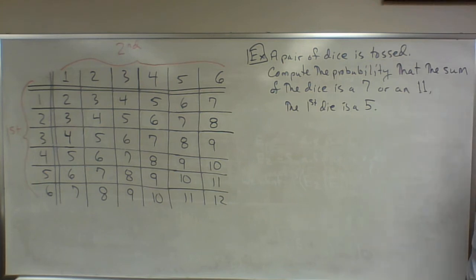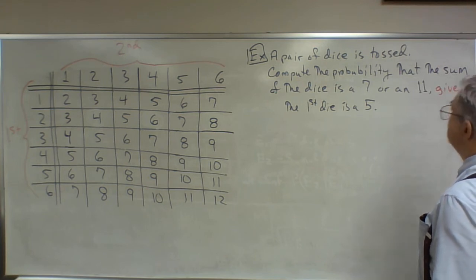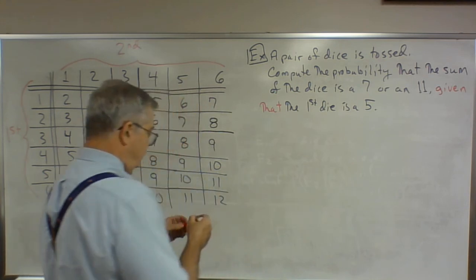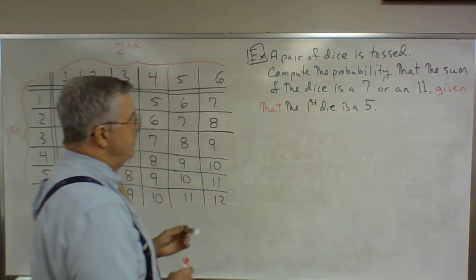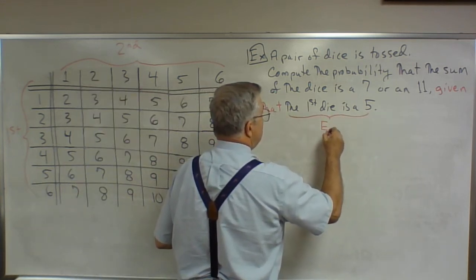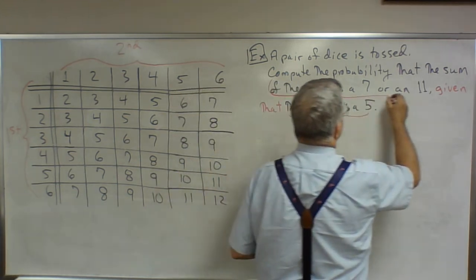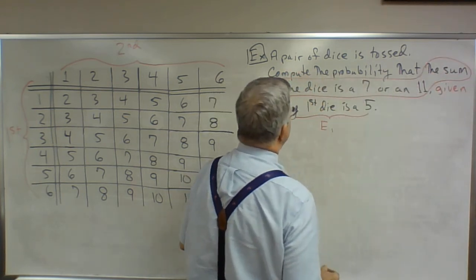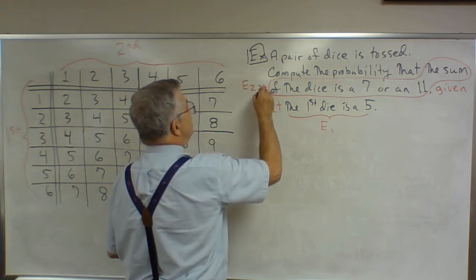Instead of saying if, let me say given that the first die is a 5. That being the case, we'll let this thing be our E1, and this thing, the sum of the dice is a 7 or an 11, we'll let that be our E2.